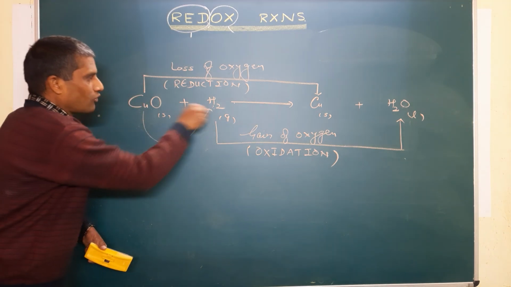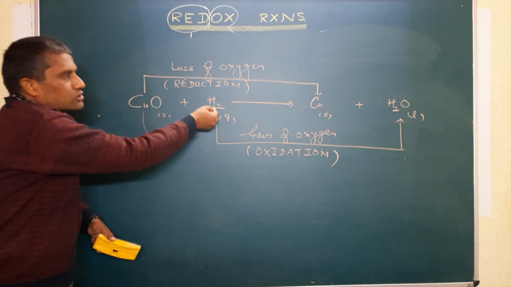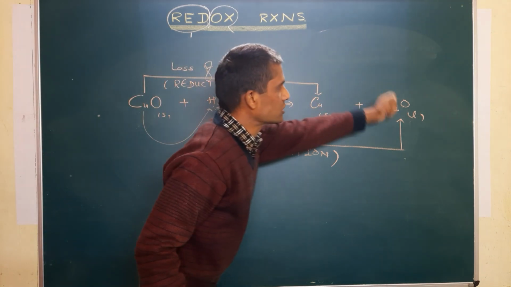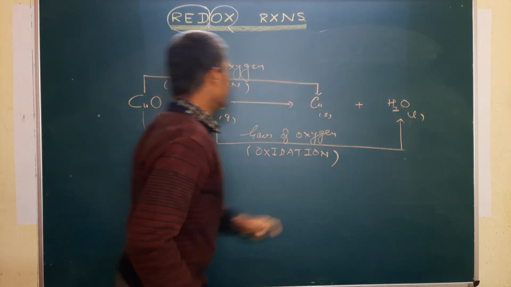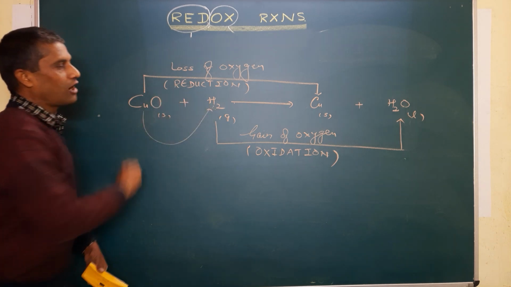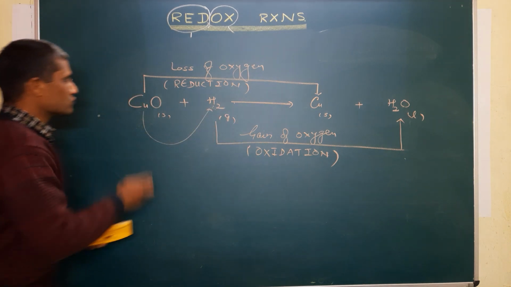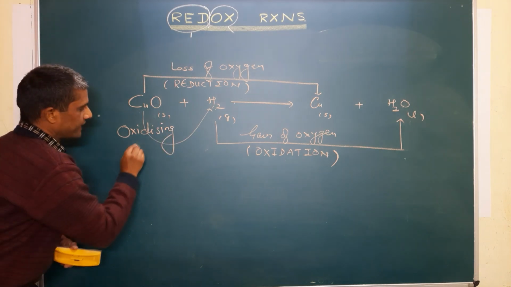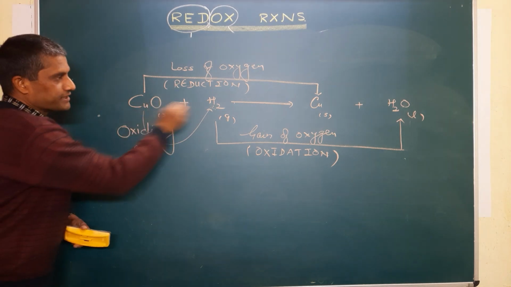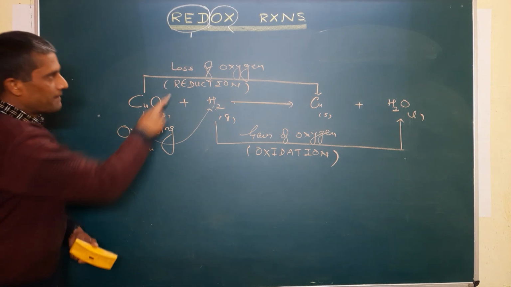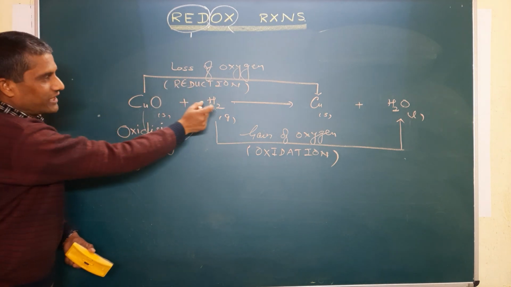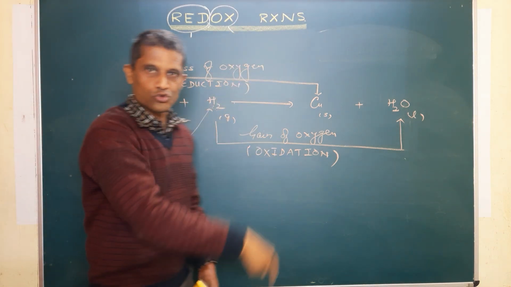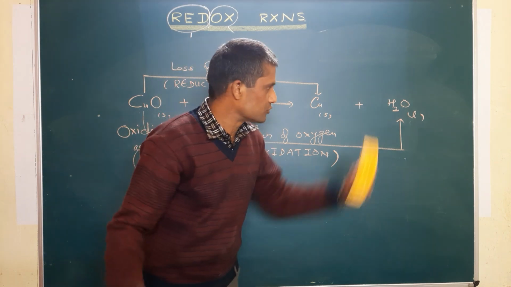It is the cupric oxide. It means cupric oxide is carrying out the oxidation of hydrogen, and that's why cupric oxide is called the oxidizing agent, because it loses oxygen so that hydrogen can gain it and get oxidized into water.